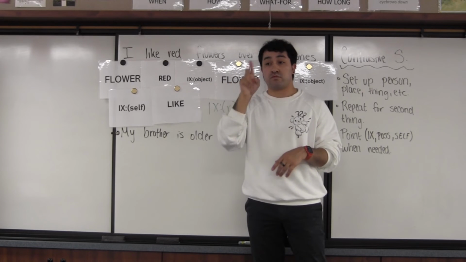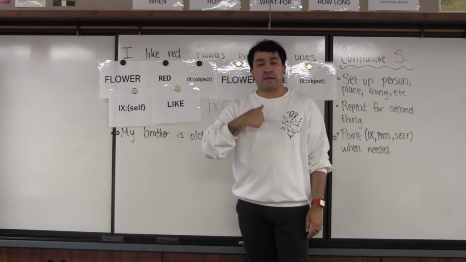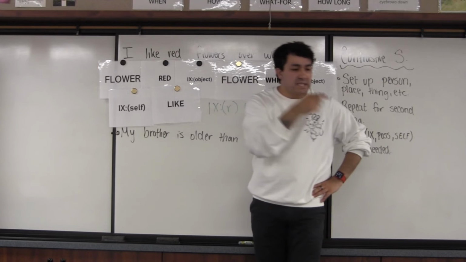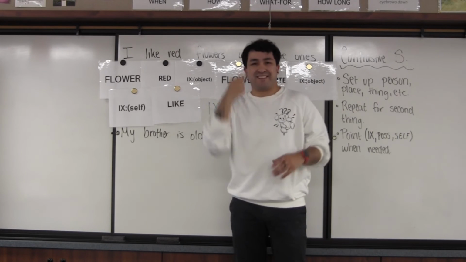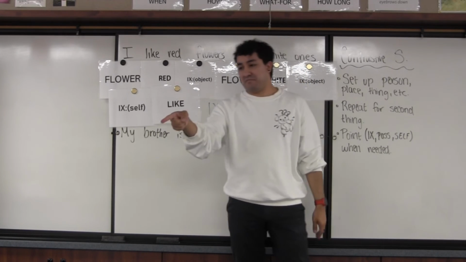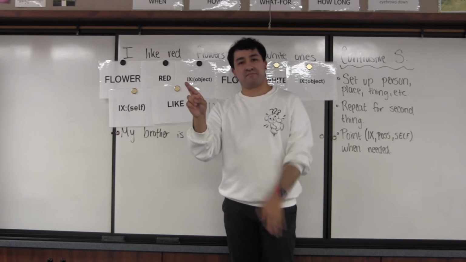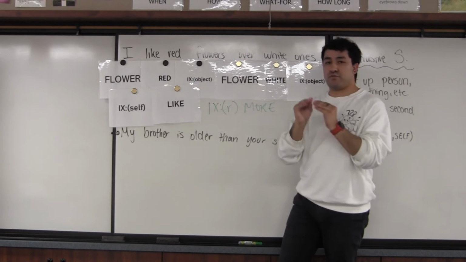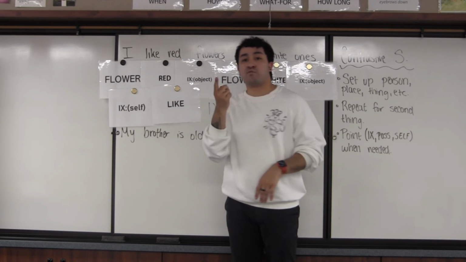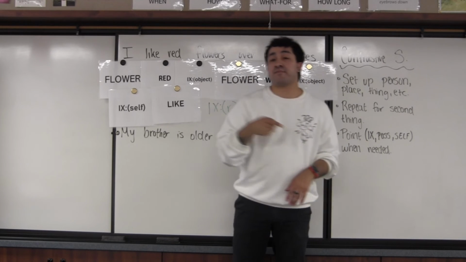So I could put the word red flower, or I could just put R, because if I put red or red flower, maybe I forgot where I put the red flower. But if I just put R, I know it just means point to the right, because that is where you put it. So again, all together, flower red, flower white over there.